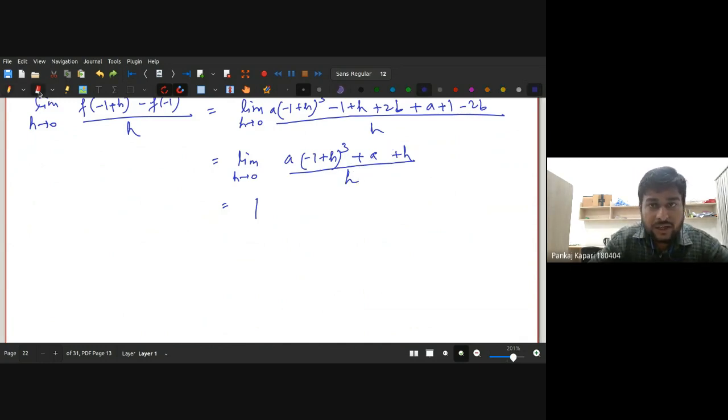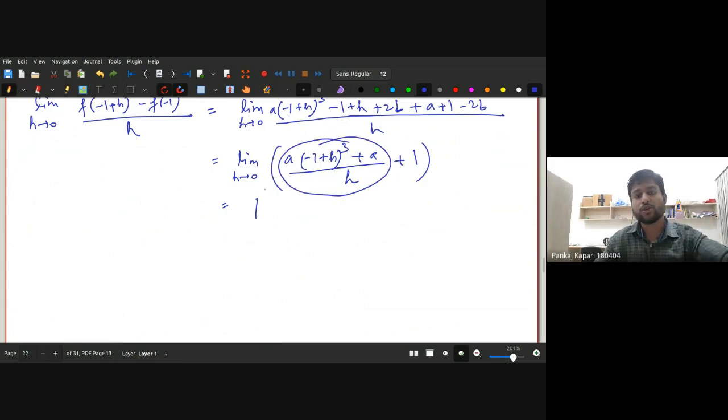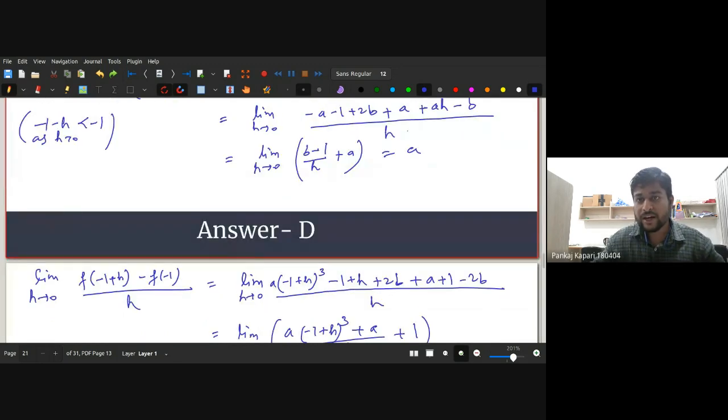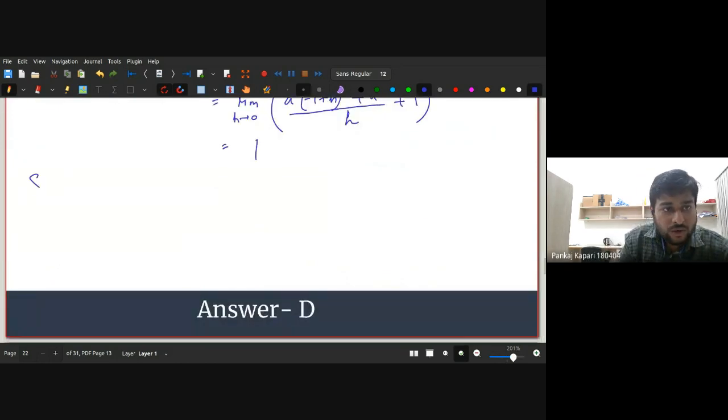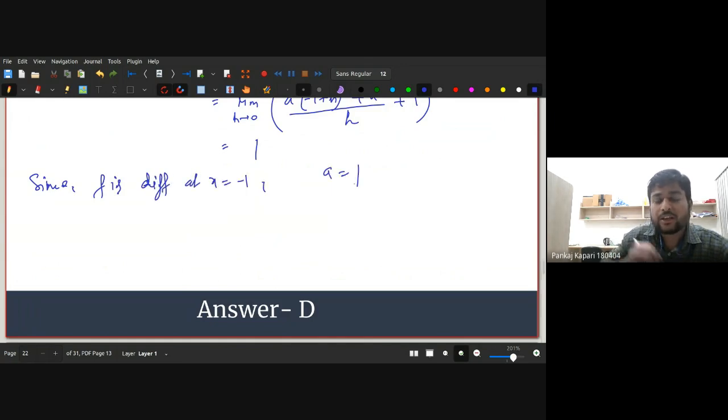Or we can write it like this also: this is divided by this plus 1. So this whole limit just becomes 0, and you will have 1. Initially we were getting that the limit is a, so this implies that a must be 1. Since f is differentiable at x equal to minus 1, a must be 1.